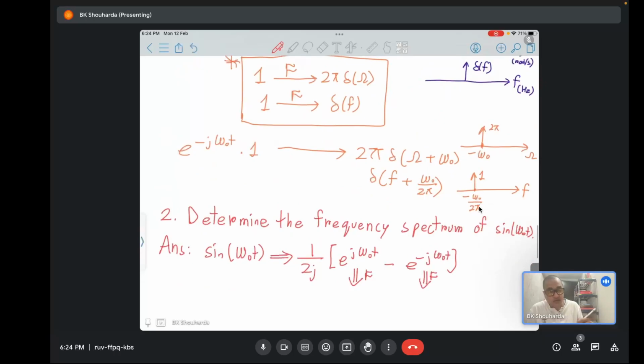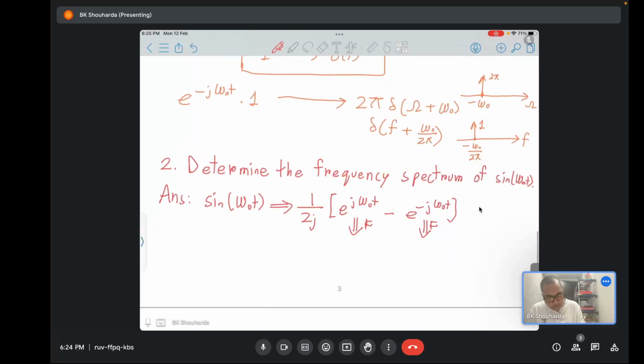We will use the modulation property, and we will find that this one has a Fourier transform 2 pi delta omega minus omega naught minus 2 pi delta omega plus omega naught. Okay, we cancel the 2's, and this is our spectrum.